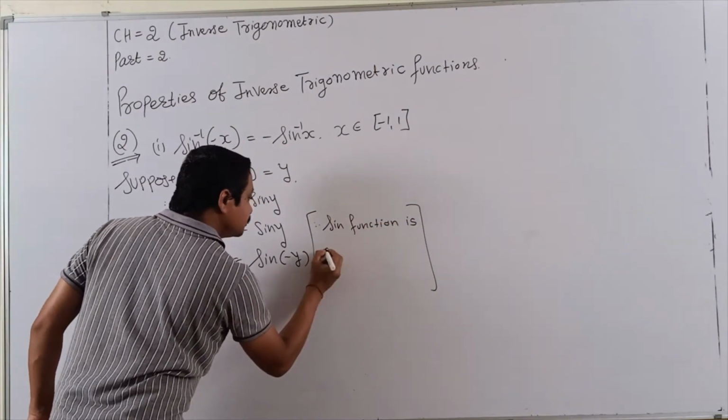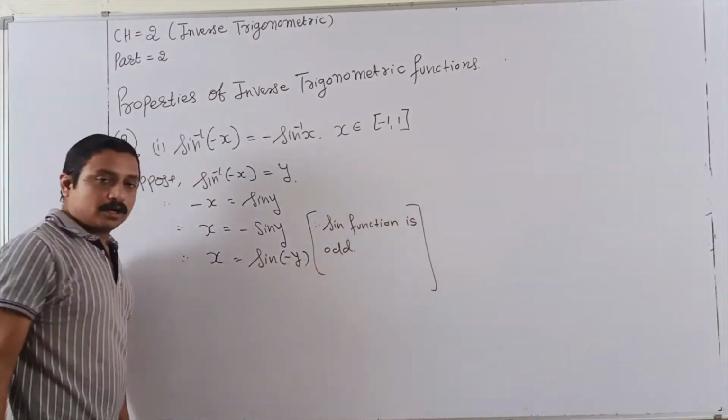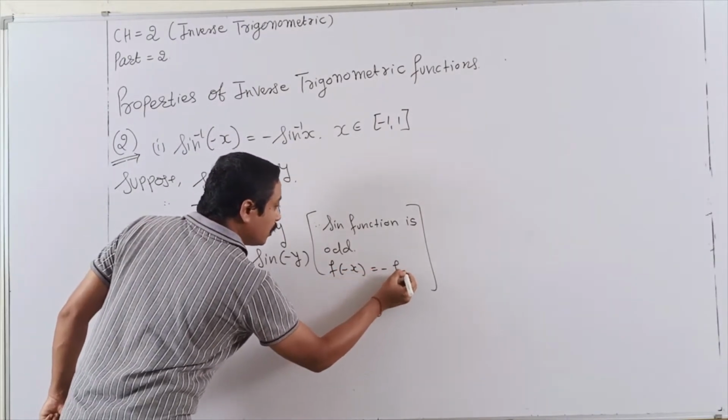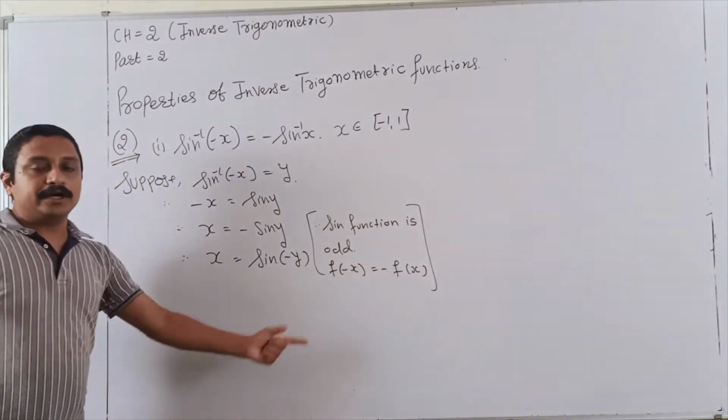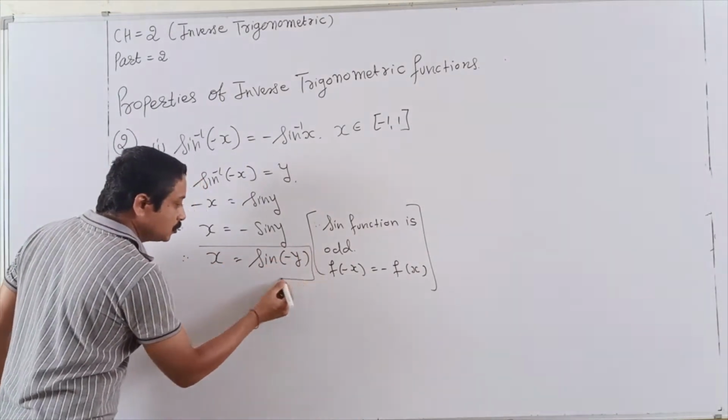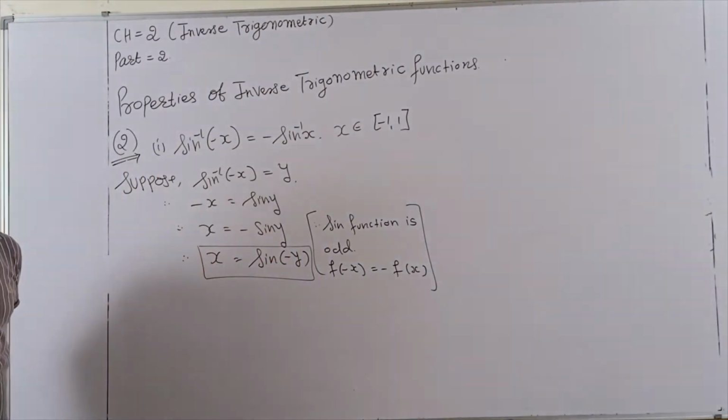So x is equal to sin of minus y, because the sin function is an odd function. You know the odd function definition: f of minus x is equal to minus f of x. This is already in trigonometry. So x is equal to sin of minus y.